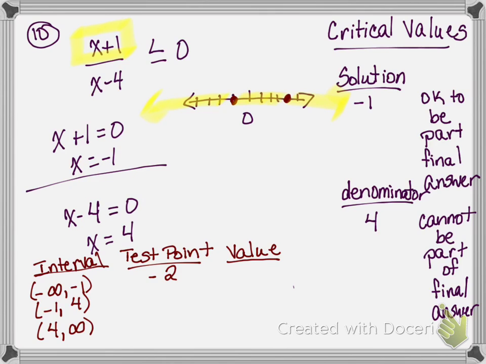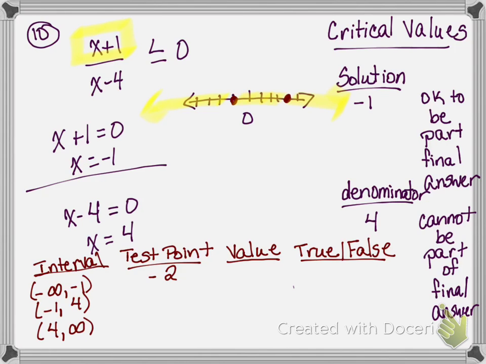I could have used -3, I could have used -4, but I am going to use -2 just because that's a pretty simple number and it's closest to where my interval stops, which is at -1. So what I'm going to do now is go back to my original function, which is x plus 1 over x minus 4, and I am going to plug in negative 2.